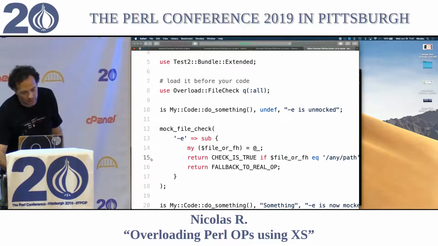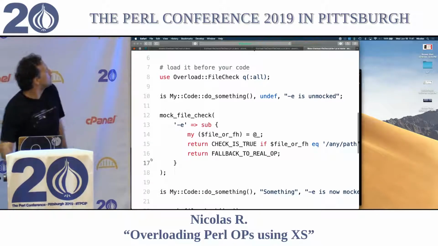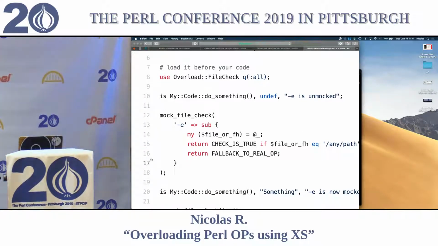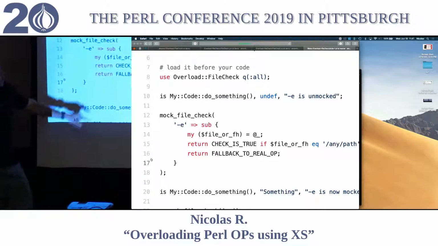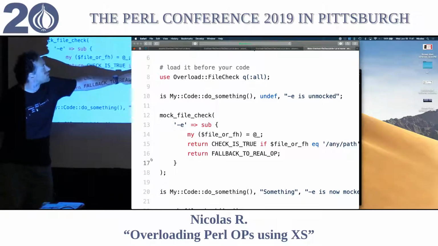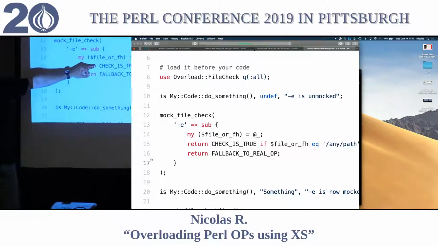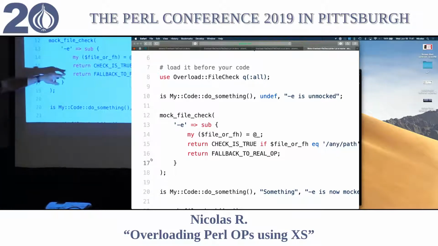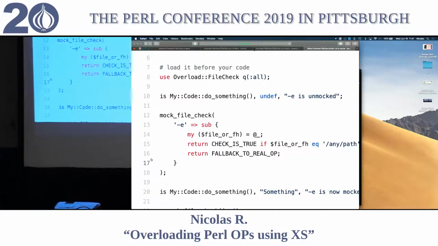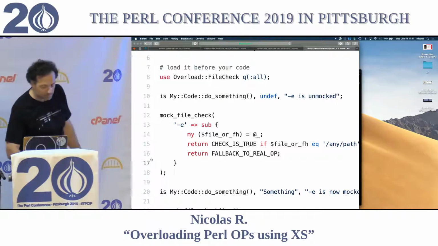So we can say, I want to mock the FileCheck -e with my custom function. If that file is /any path, I want to say it exists, whereas it doesn't exist on the file system. Otherwise, if it's not that file, I don't know, and I let Perl ops answer that for me.